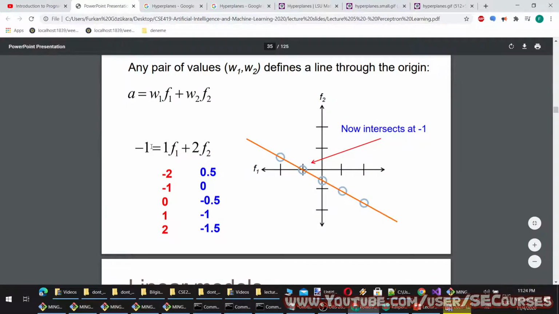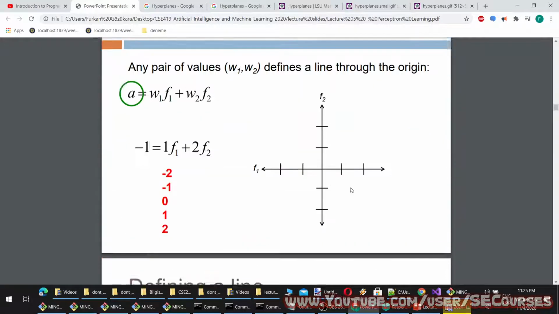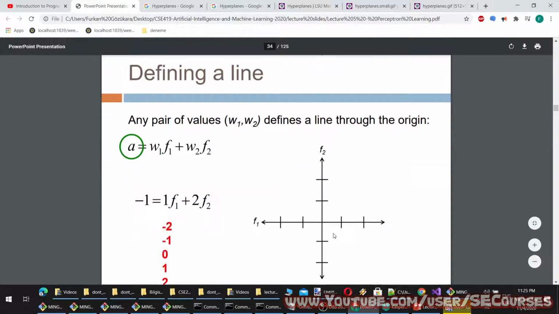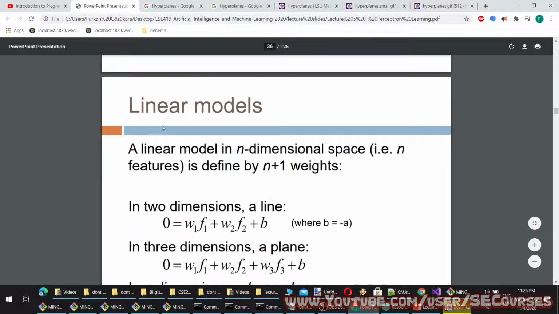So if we set the function equal to -1, it becomes like this, from this one to this one. With this bias, we can move our line away from the origin.